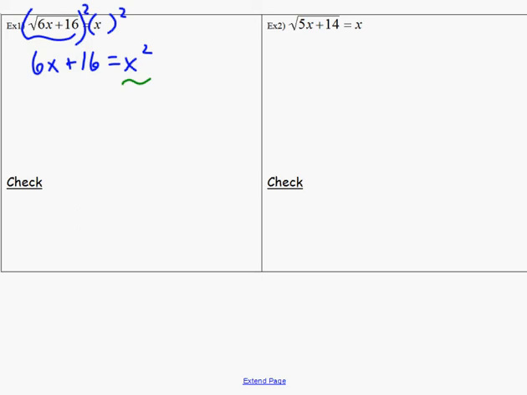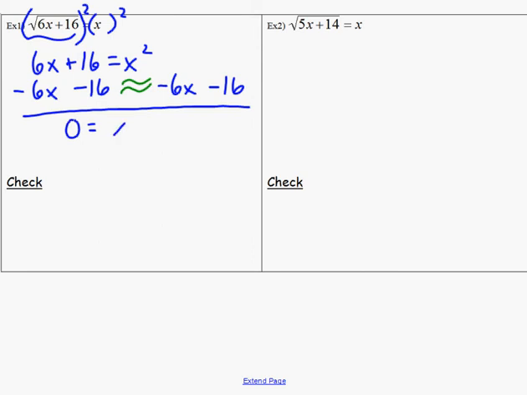To set this equation equal to 0, I always prefer to have my squared term on a side where it's positive. So I'm going to leave my x squared term right on that side where it's at, and I'm going to move my 6x and 16 onto that side by subtracting them. So I'm going to end up with 0 equals x squared minus 6x minus 16.